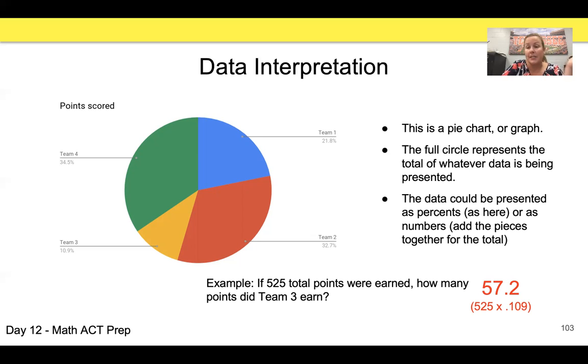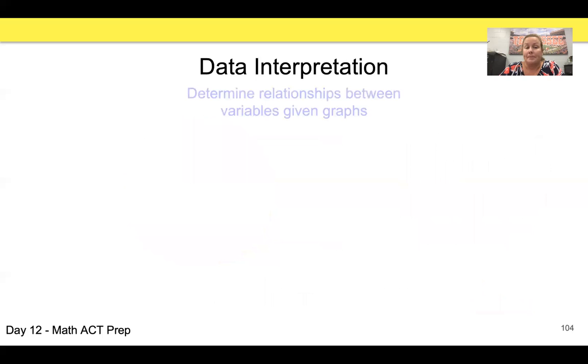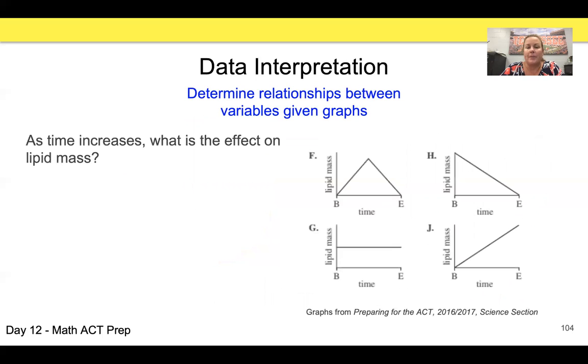Now, again, if this is the ACT test, you've got 5 multiple choice questions. I might round this down to 10%. And I know that 10% of 525 is 52.5. And you can round that down and get close to it.